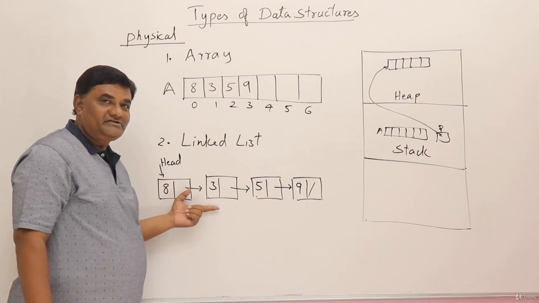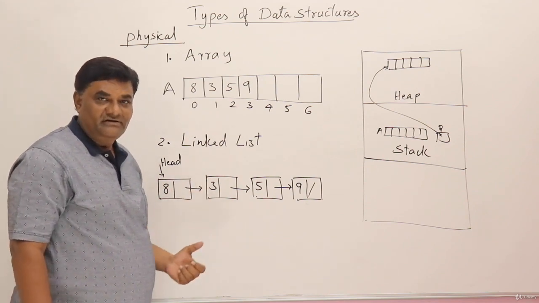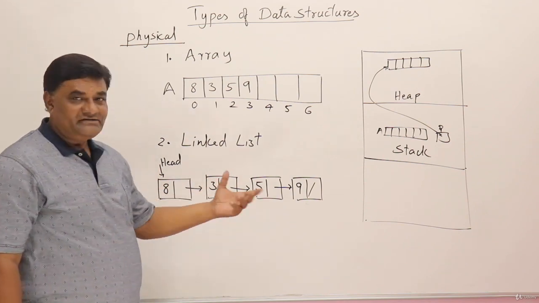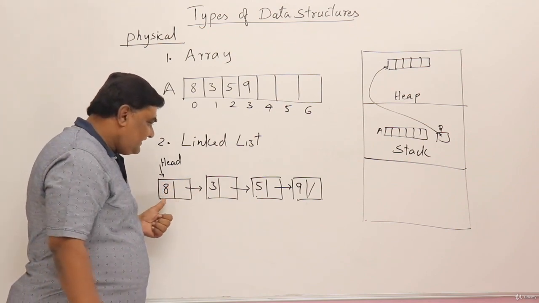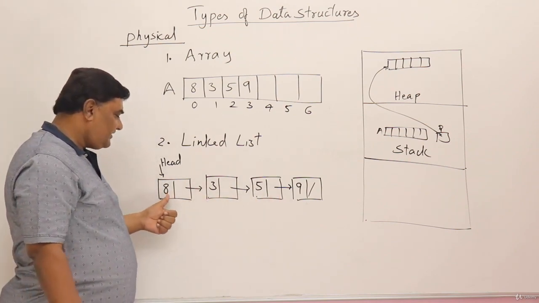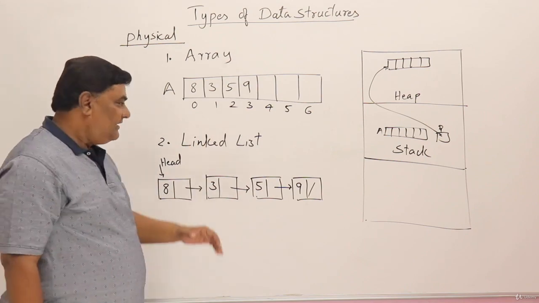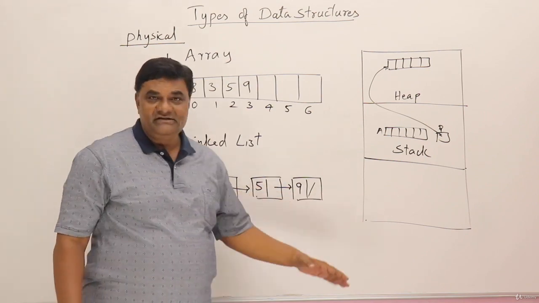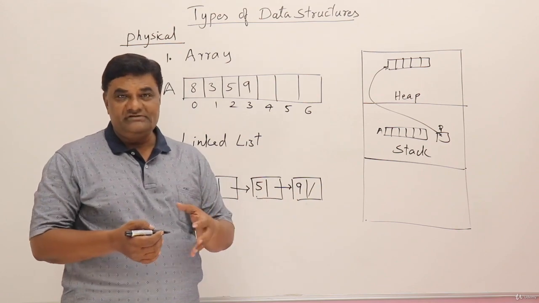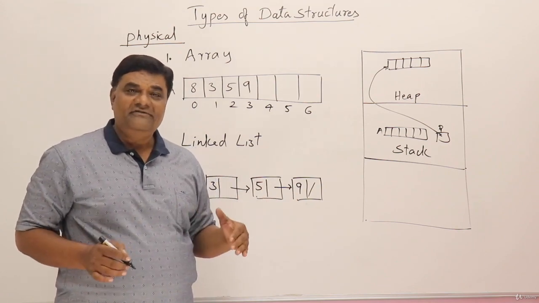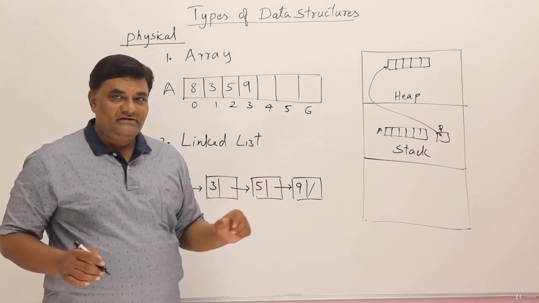Now the second data structure, linked list. This is a completely dynamic data structure and it is a collection of nodes where each node contains data and a link to the next node. The length of this list can grow and reduce dynamically. So it has variable length.